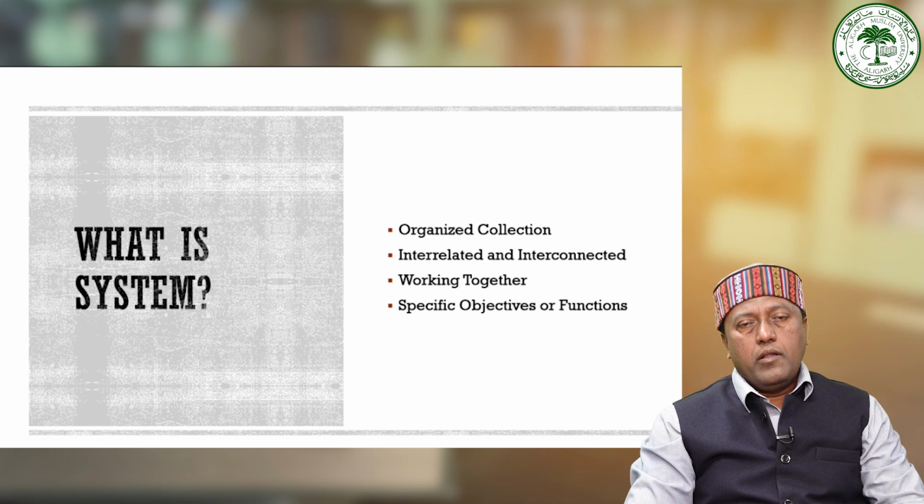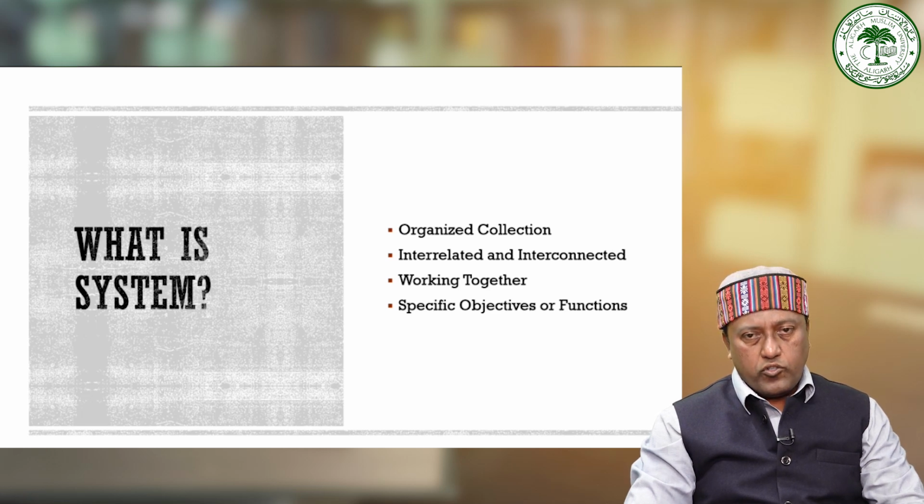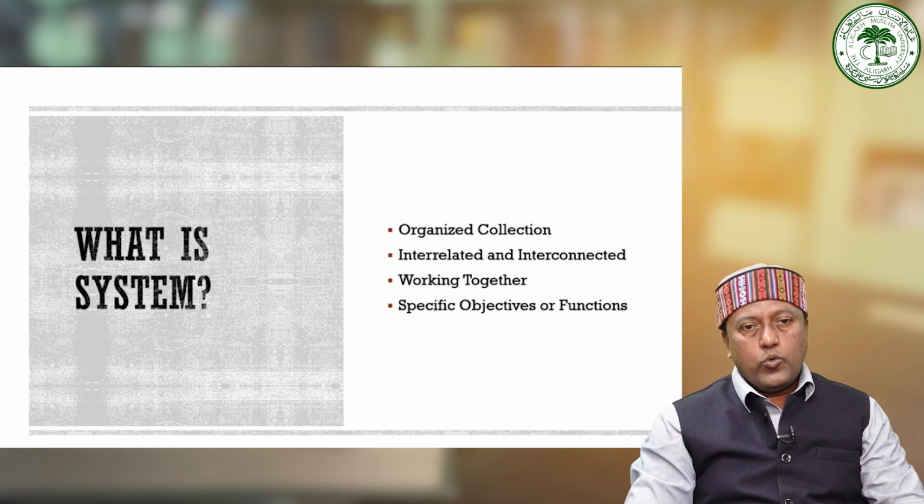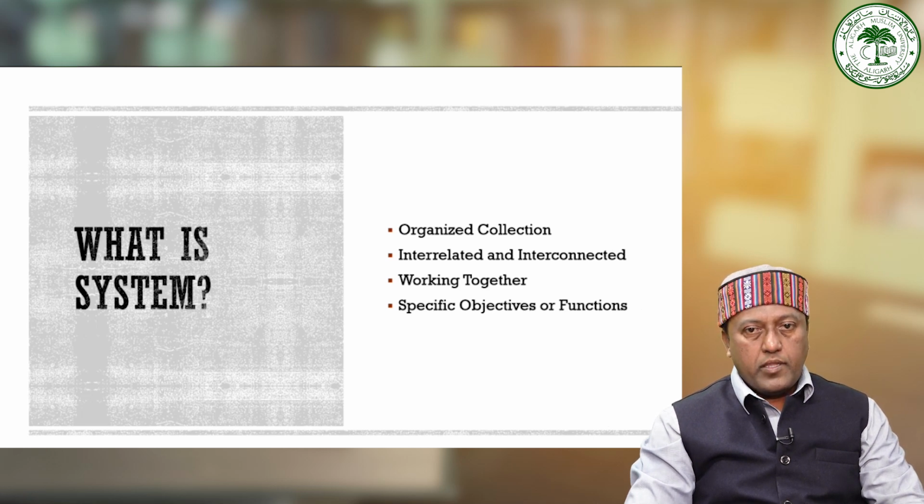Just for example, I'll take a car, just to elaborate the meaning of the system. Whenever we talk about the system, the collection should be organized. So, a car, what does it consist of?